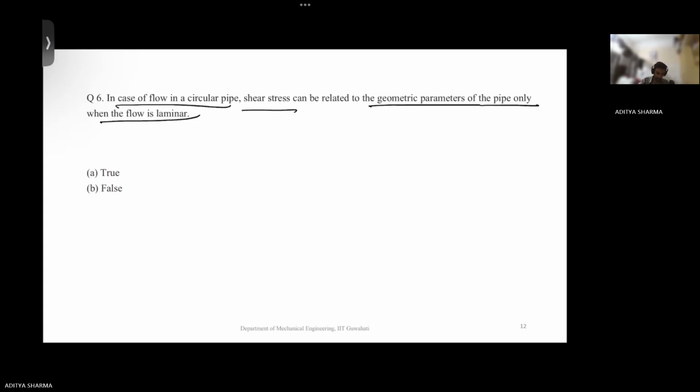This is not true because your flow properties also you can relate to your shear stress. So this is a false statement. Your flow properties and your fluid properties you can relate to your shear stress, right? So in that case, this is a false statement.